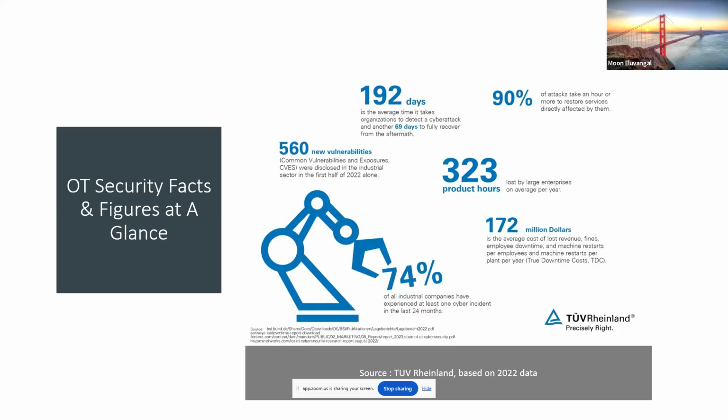One of the statistics says that at least 74% of the industrial world have faced at least one attack or cyber incident in the past 2 years. Then you can also see some figures around the impact in dollar values, and how much time it took to recover.